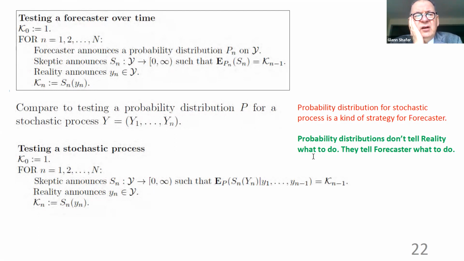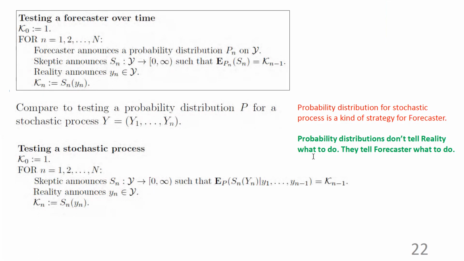The strategy is telling the forecaster what to do. Let me answer your question in a different way, Matthias. What if the strategy were quantum mechanics? The forecaster is a physicist, and the forecaster believes in quantum mechanics, and most physicists do. The forecaster believes in quantum mechanics, so he tells you these are the probabilities.